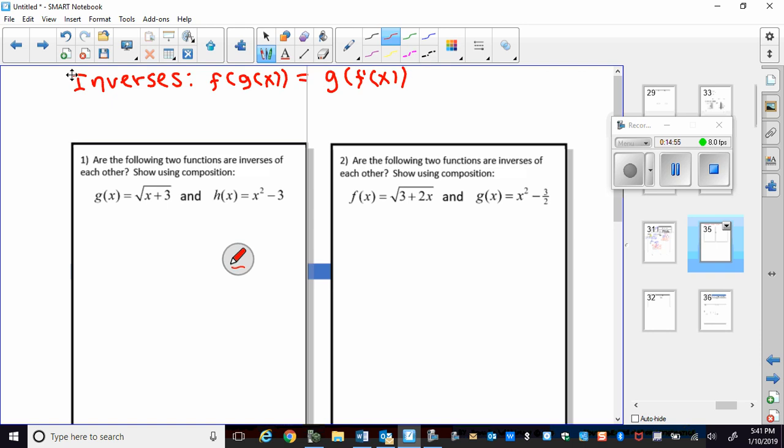So they both have to equal x. This has to equal x, and this has to equal x. So we're going to practice how to do this work.